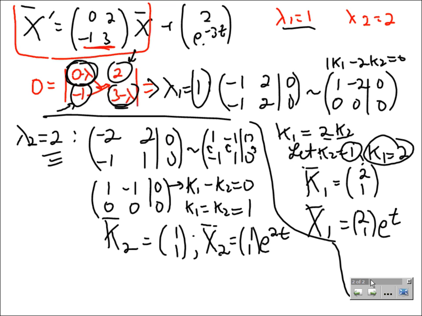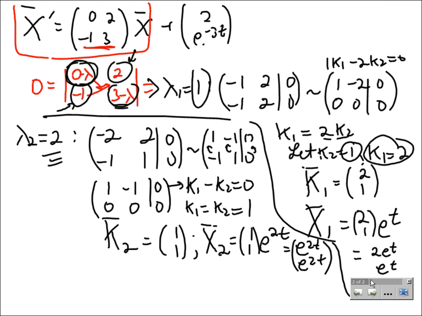So back to x1 for a moment. It's the same as 2e to the t, 1e to the t. x2 is e to the 2t, e to the 2t. So let me write this up on top, and then we go from there. x1 is 2, 1, e to the t.